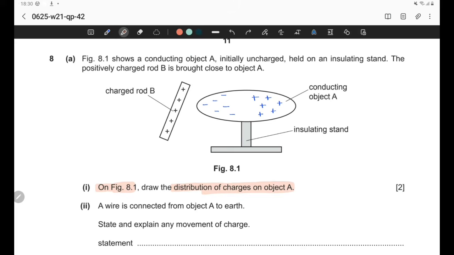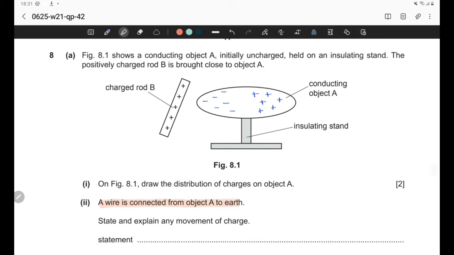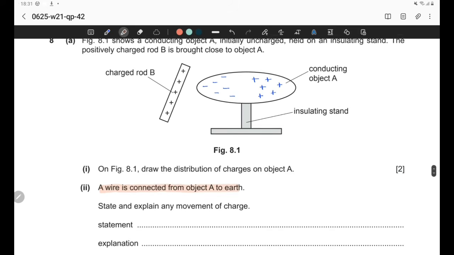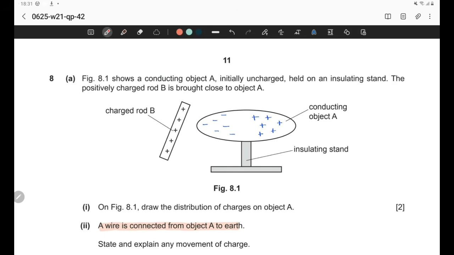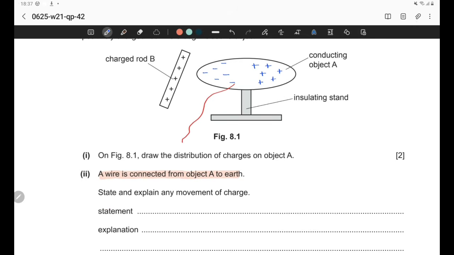Part 2, a wire is connected from object A to earth. State and explain any movement of charge. So now a wire has been connected to earth. So what will happen? Therefore in the statement we can write negative charges flow from earth to object. So it is because when charged rod B, which is positive, touches this conducting object, all the electrons will transfer to the rod.